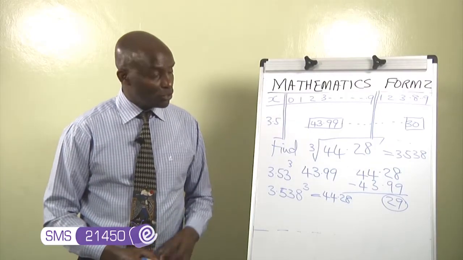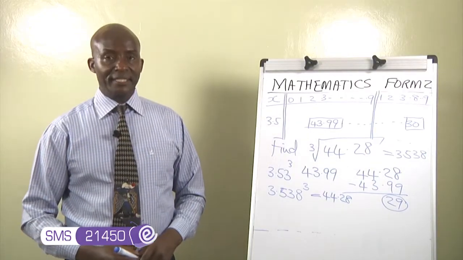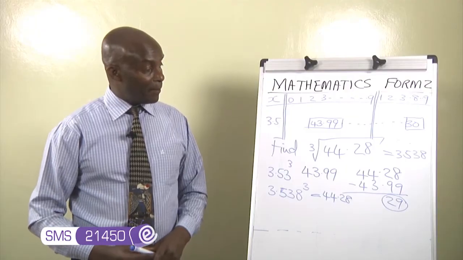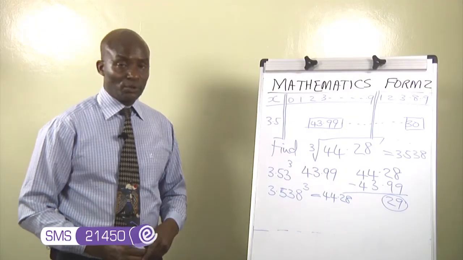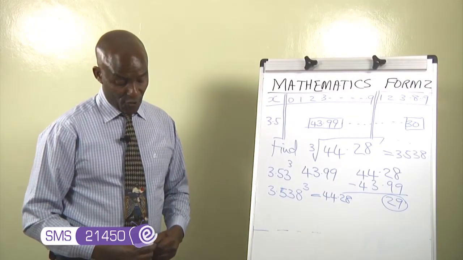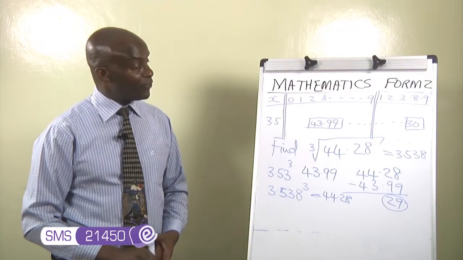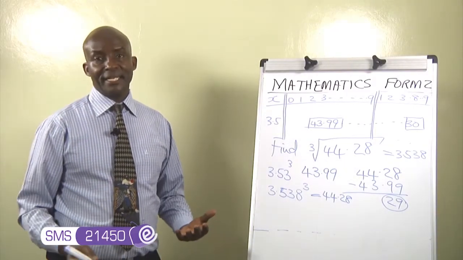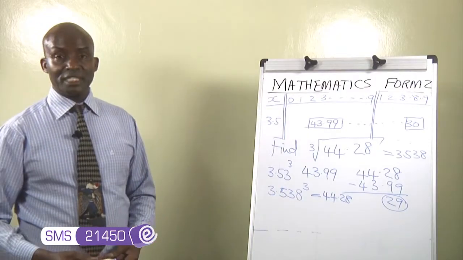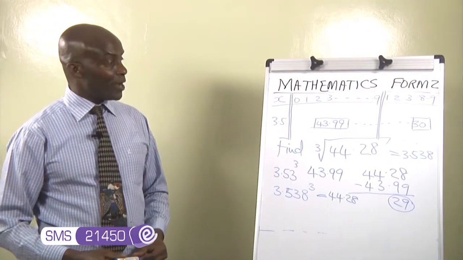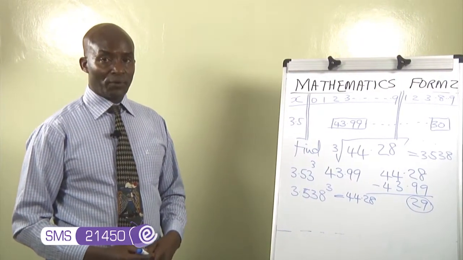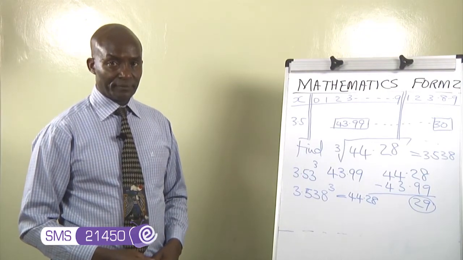And that will be to 4 significant figures. It is not exact, but it is very close if we are considering only 4 significant figures. So basically, that is the procedure of getting the cube root from the cube tables.